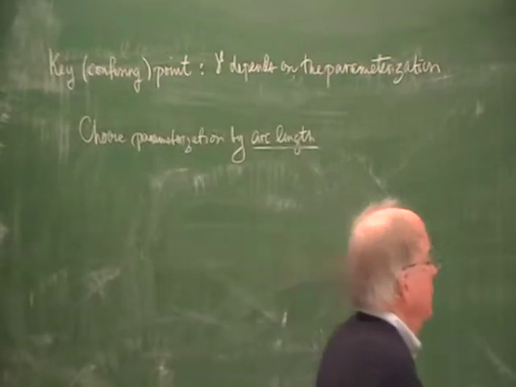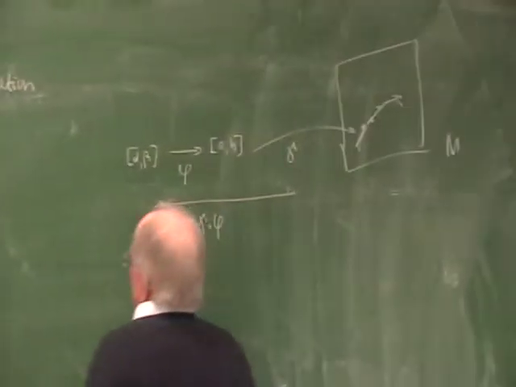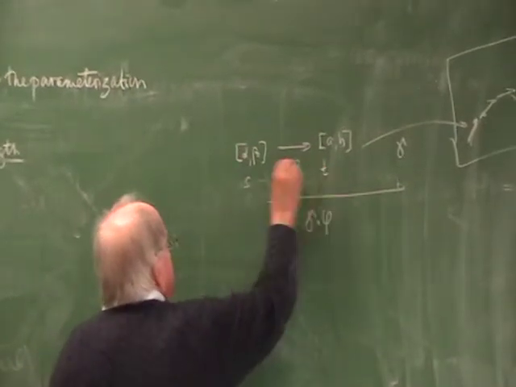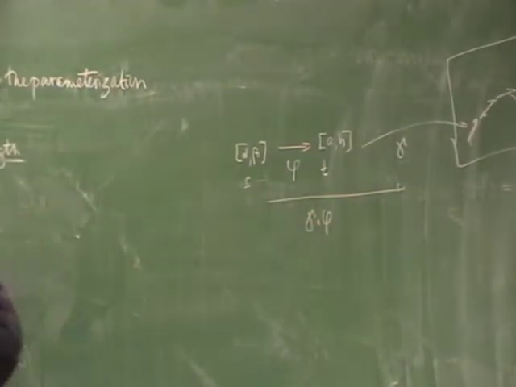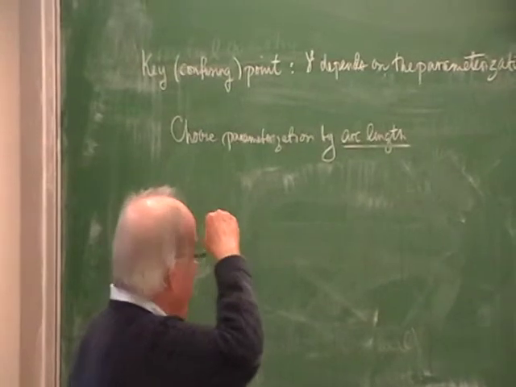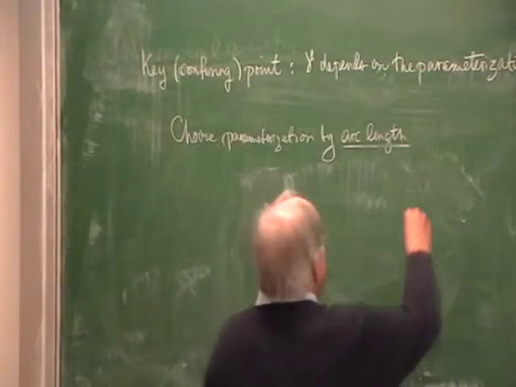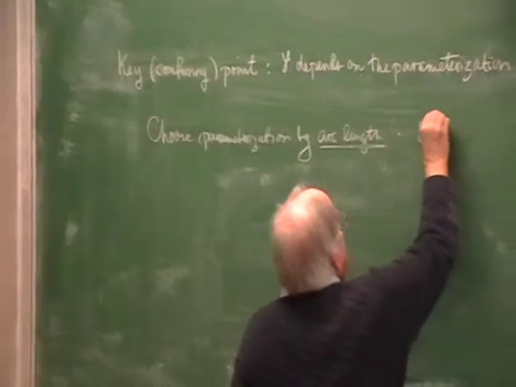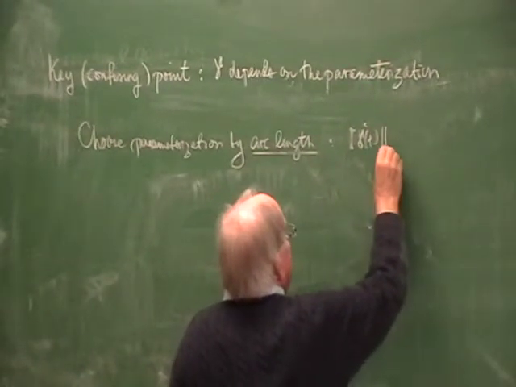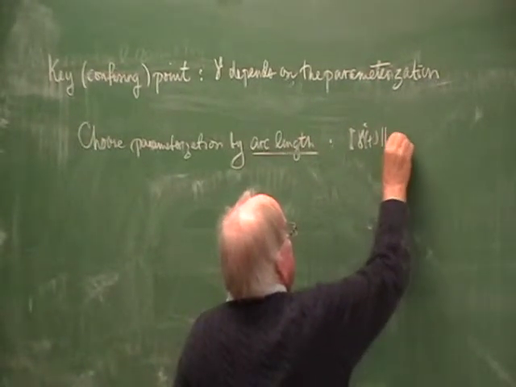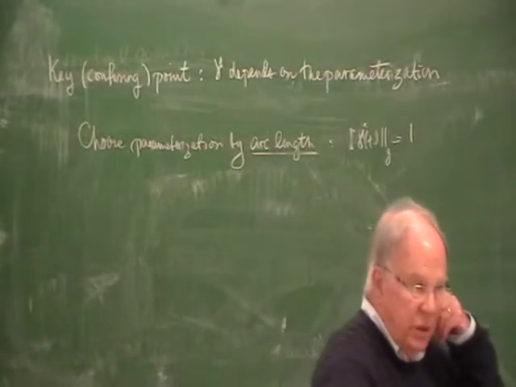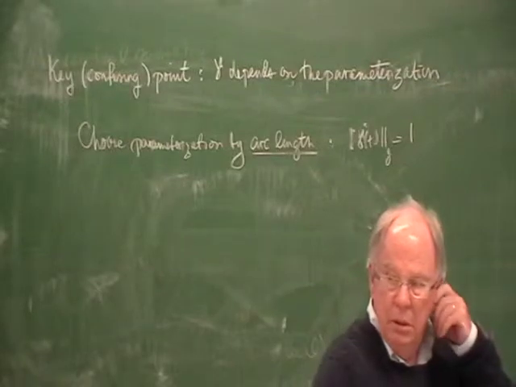In other words, you have a change of variables. This is maybe an S space and this is a T space. You make this change of variables from T to S, and now S parameterizes by arc length. This means the length of the velocity is always 1. Right?